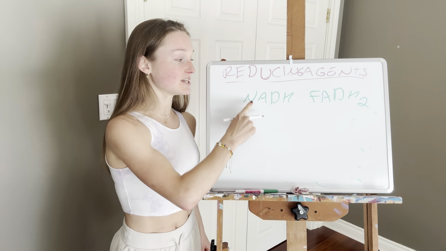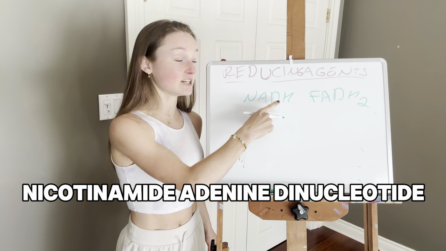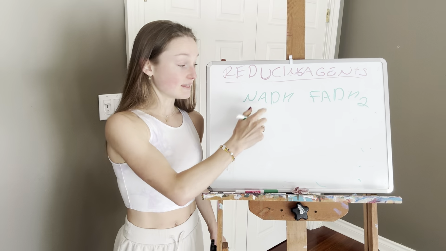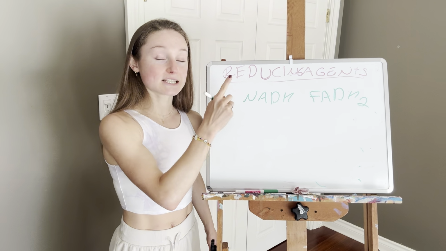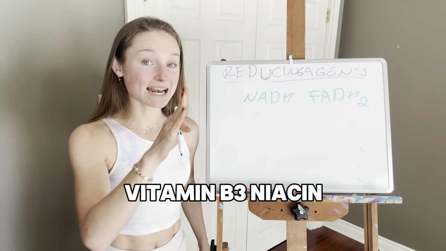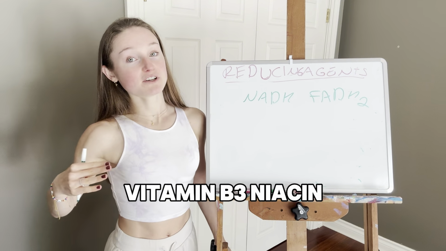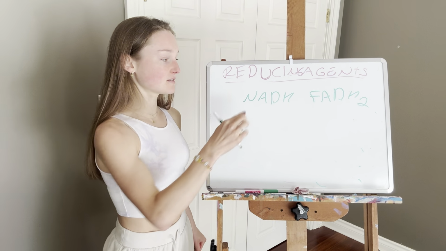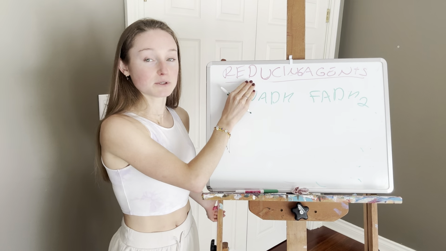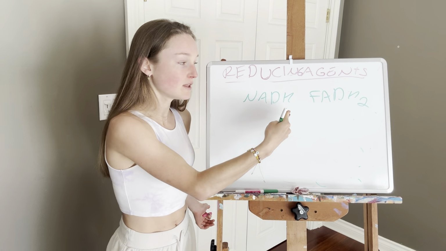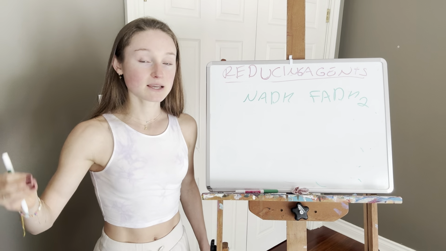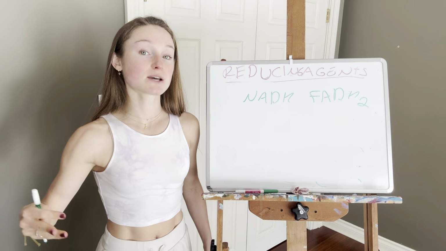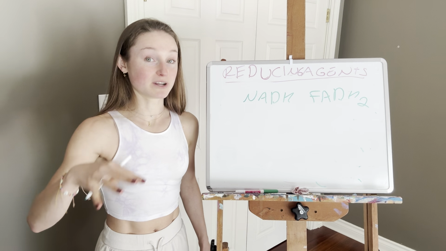So NADH is nicotinamide adenine dinucleotide. The N part is made from the B vitamin niacin. If you are deficient in niacin, if you are not getting in enough B vitamins, you don't have this N here. You can't make this molecule, and metabolism and cellular health and energy production really suffers.